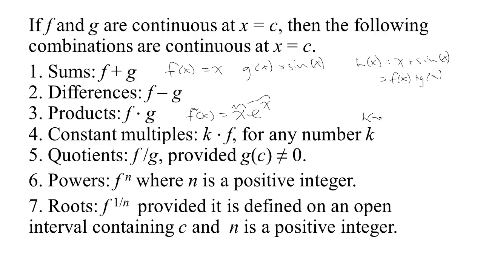So, for example, if we made this function h of x by taking 2 times x, that's a continuous function. x is a continuous function. The product of two continuous functions is a continuous function. Quotients are continuous, except where the denominator might be 0.